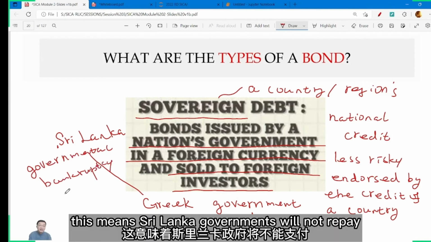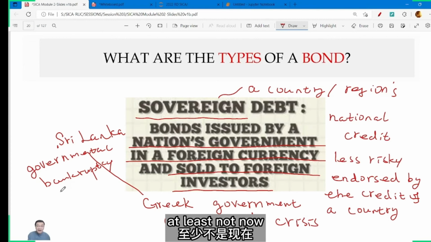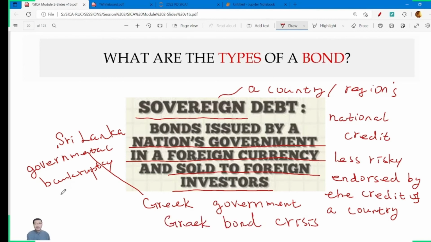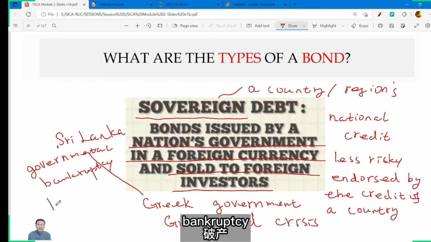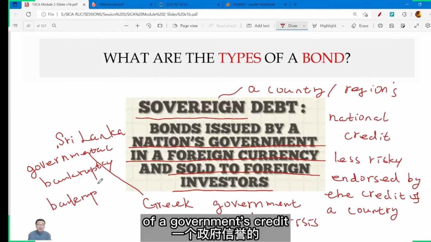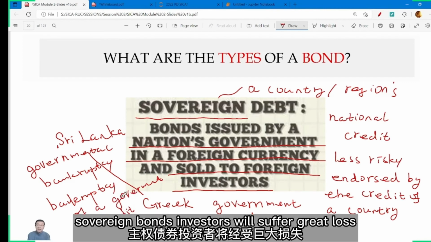This means the Sri Lanka government will not repay the interest and the principal of these bonds at maturity, at least not now. This also means the bankruptcy of a government's credit. In this sense, sovereign bond investors will suffer great loss.